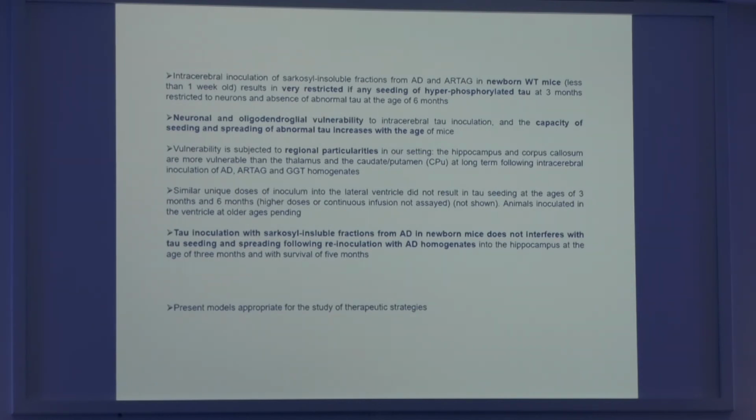And in addition to these mechanistic aspects of seeding and spreading, this is an important point, as the present models are probably very useful in the study of therapeutic strategies in the future.